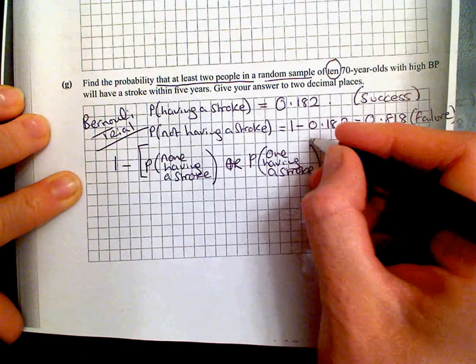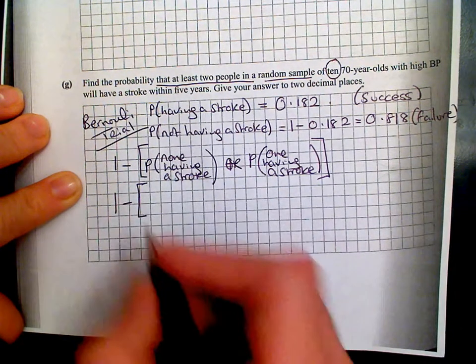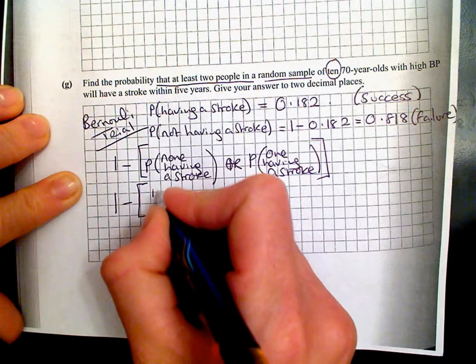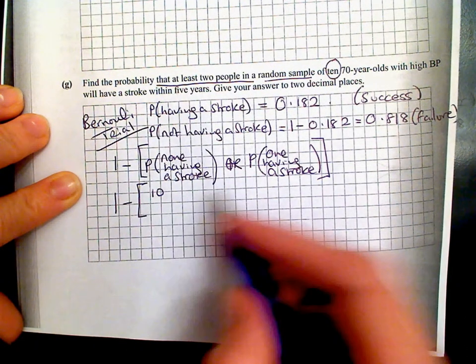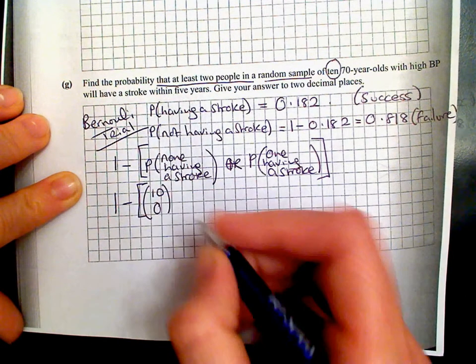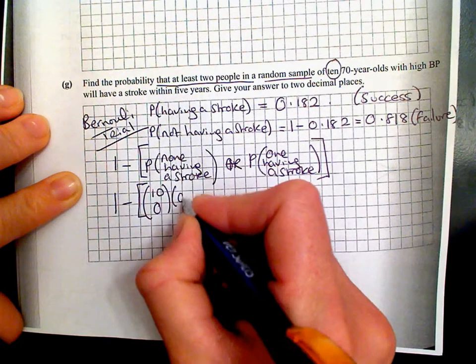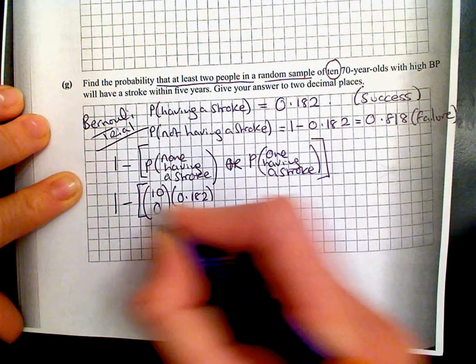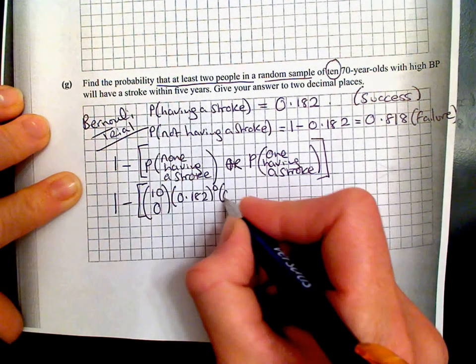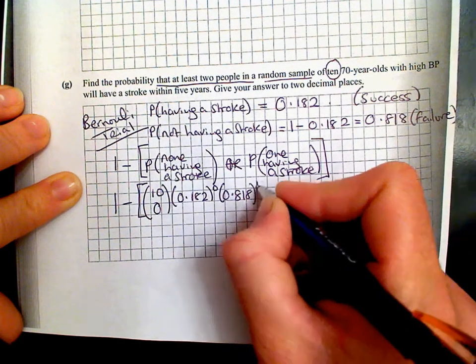Okay, so it's going to be 1 minus, now there's 10 random people being chosen, so it's 10, and our success is having a stroke. So if none of them have a stroke, we have no successes. So it's 10 choose 0, and our success is going to be 0.182 to the power of 0 by our failure, which is not having a stroke, 0.818 to the power of 10.